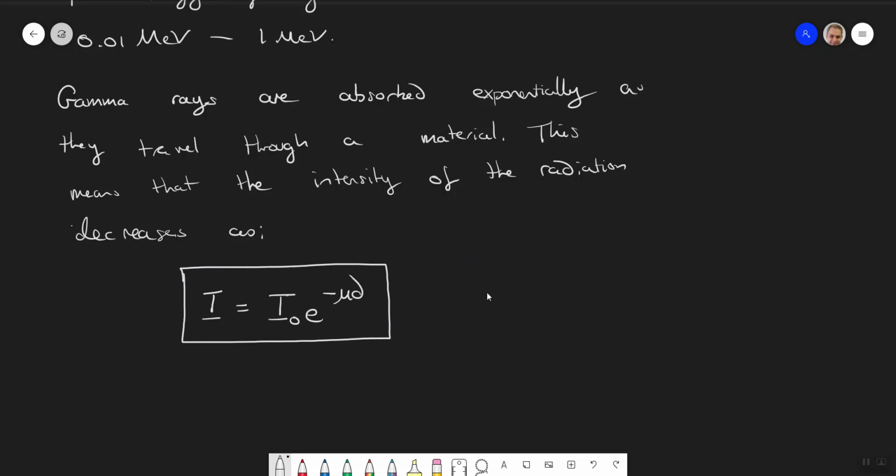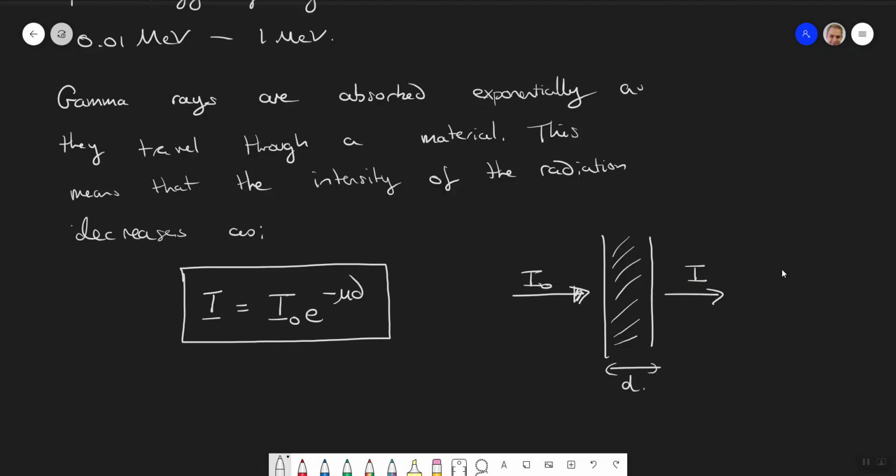So what this means is that if we have a block of material, we've got our beam coming in, this is our initial beam, this is our beam coming out, and this is the thickness of our material.